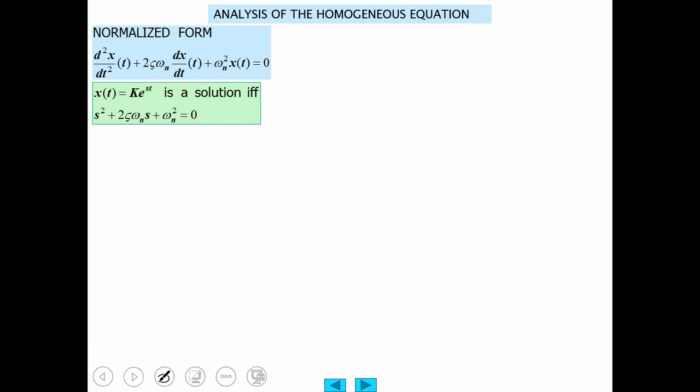Okay. So we get this normalized form equation, and now we can get a solution to it. And actually, this should look real familiar to you guys. Remember I said you're finding the roots, and it's going to be dx dt minus root 1, which is at one of these s's.